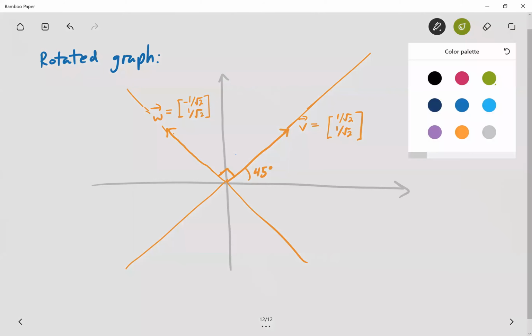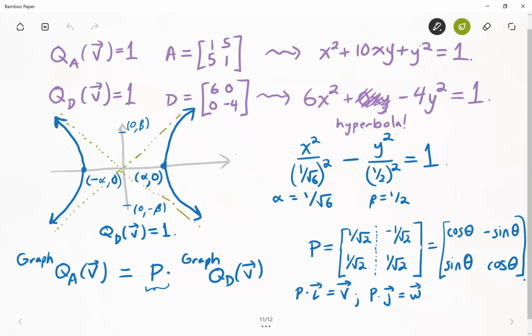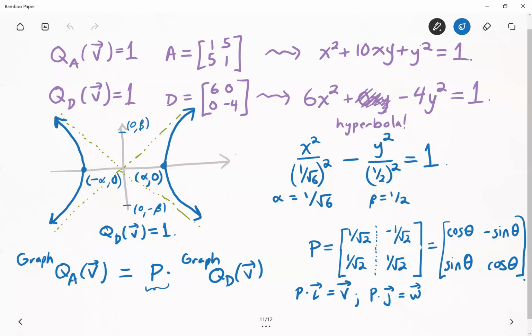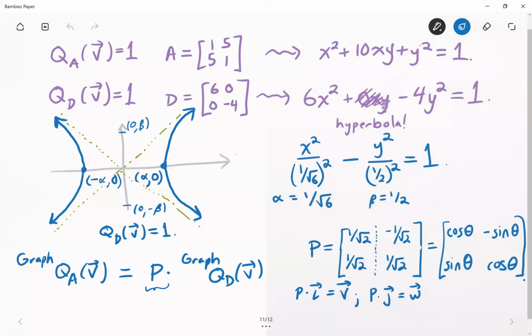And so now I'm going to reproduce the graph over here of this hyperbola. And so I graphed this in blue, so I'll continue to graph it in blue over here. At this point right here, that's the point which is alpha away from here, right, where alpha was 1 over radical 6.